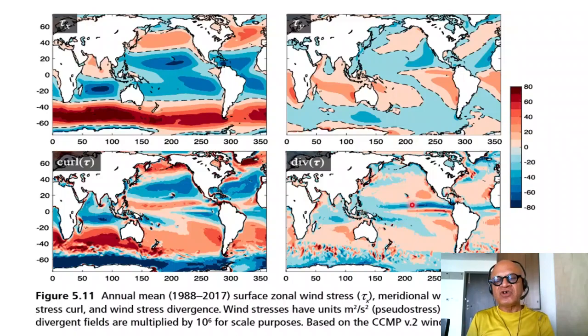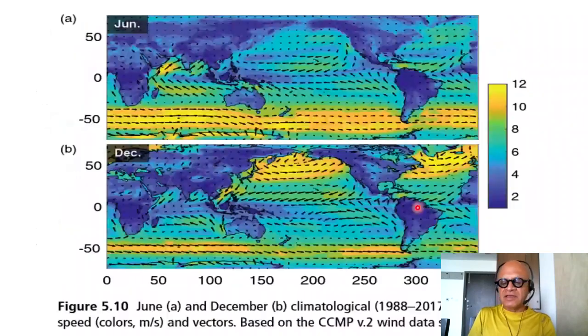If you look at the divergence, of course, you have strong divergence and convergence couplet here across the ITCZ, and you have divergence happening as the trade winds come across, have to turn around and meet the ITCZ here. So you can see some turning around here and some crossing of the equator meeting the ITCZ here.